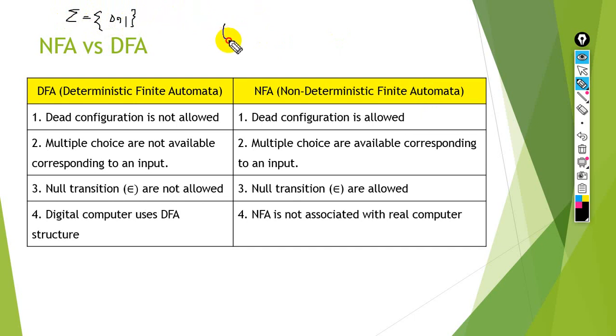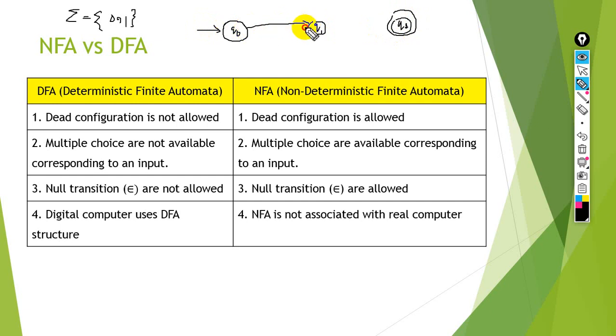So in an NFA, for example, this is Q0, this is the initial state, Q1, and this is Q2, and we can say this is the final state.